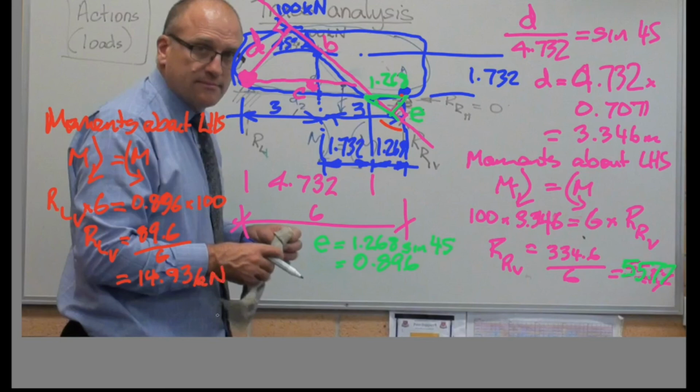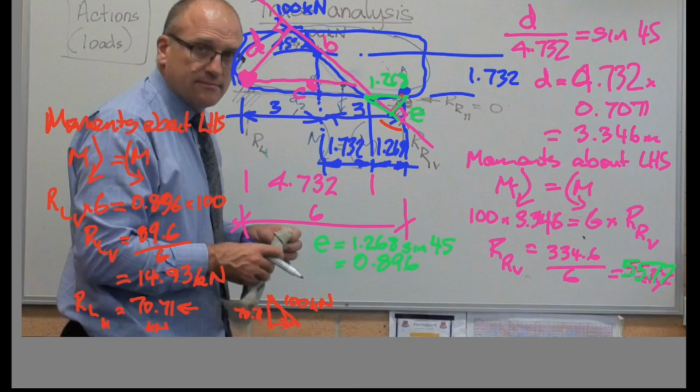kilonewtons. Now I also know the reaction left horizontal equals 70.71 going that way, kilonewtons, because this 100 kilonewtons at 45 degrees results into 70.71 both ways.